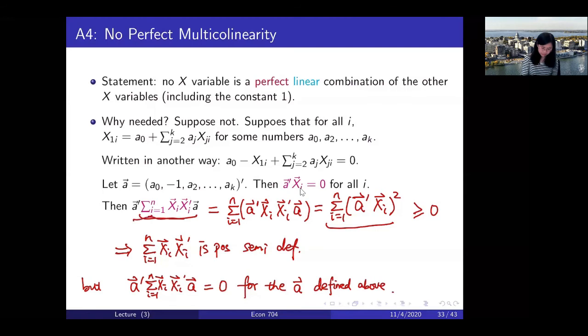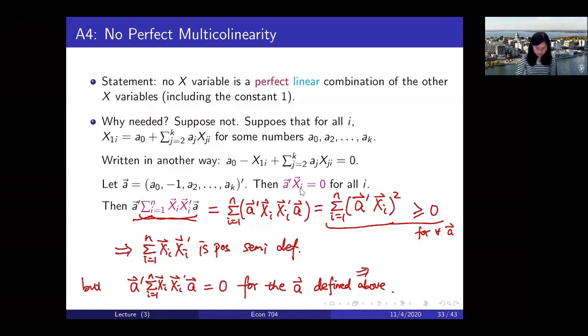So this is non-negative for any A, and it is 0 for this A, and this A is not a zero vector, okay, because it's got at least one non-zero element. What that says is this matrix is positive semi-definite, but not positive definite.